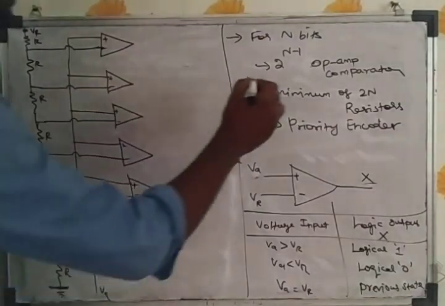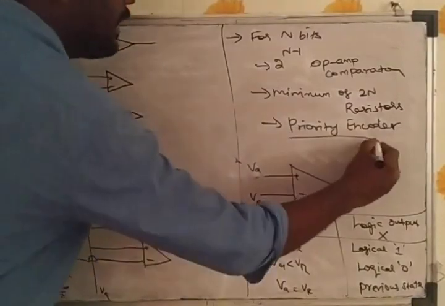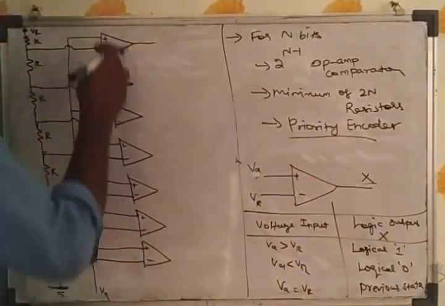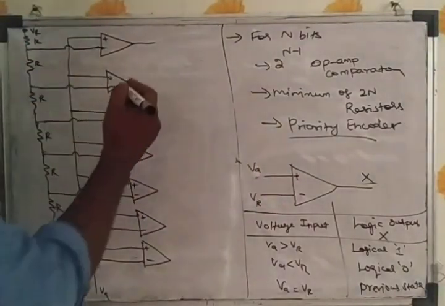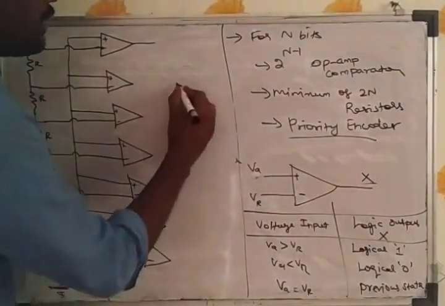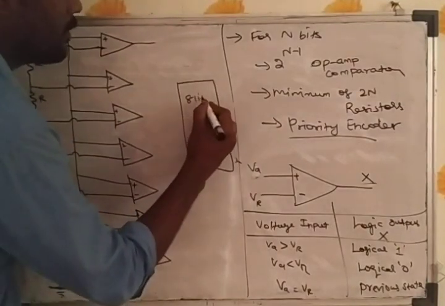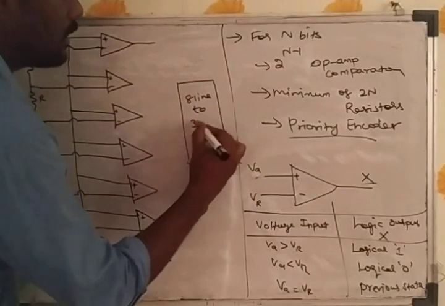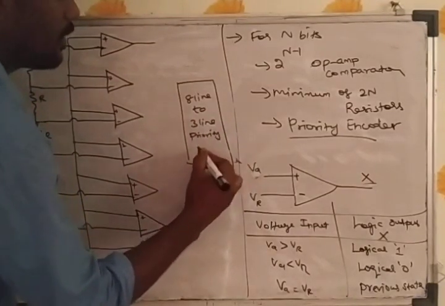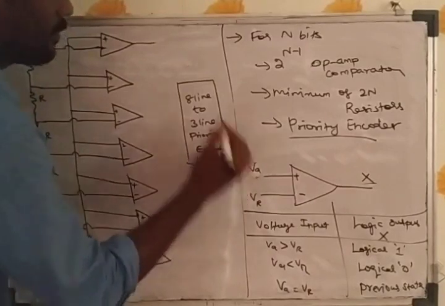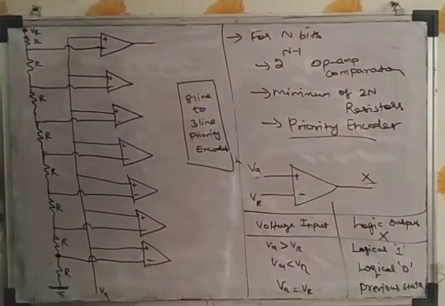The output of the comparator circuits is given to the priority encoder. Here we have 7 inputs, so we are using an 8 line to 3 line priority encoder.